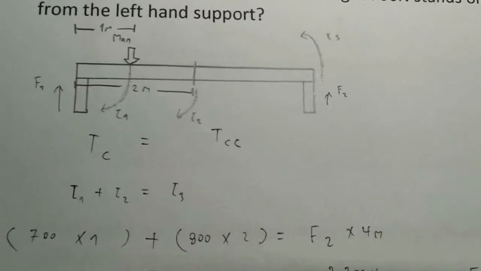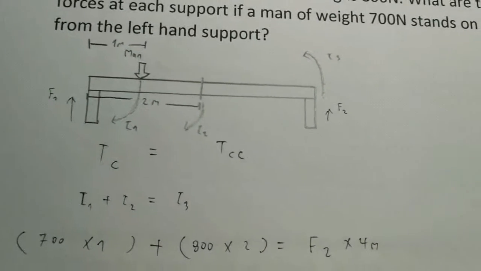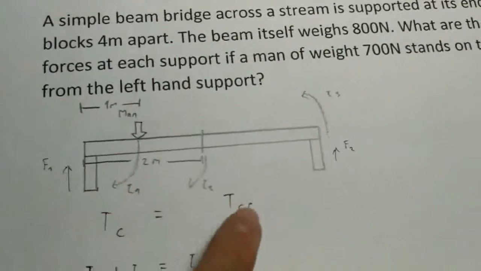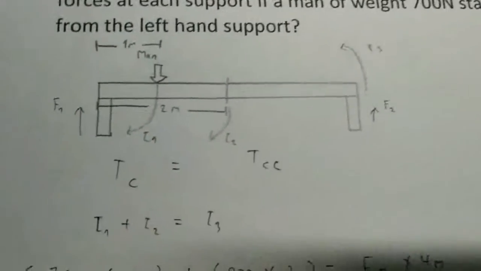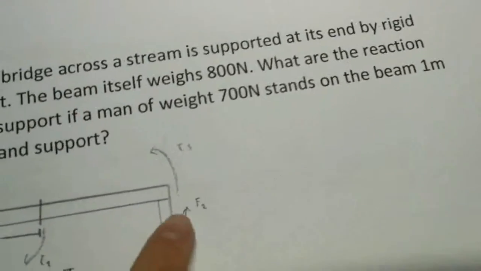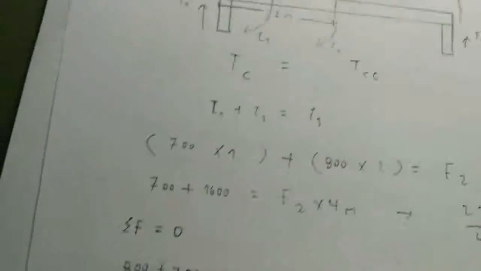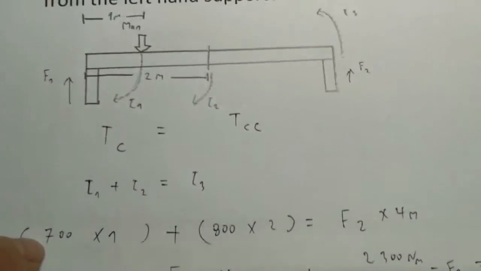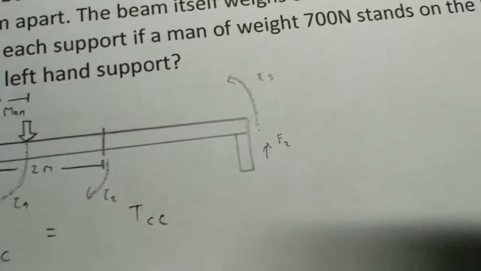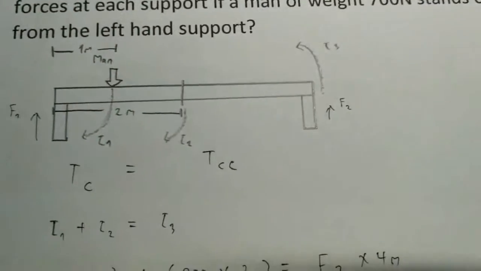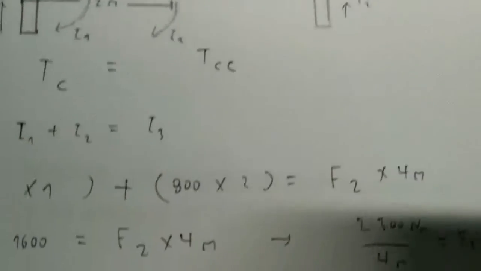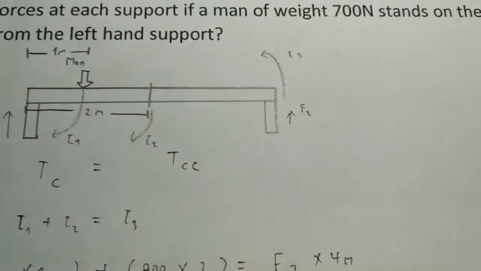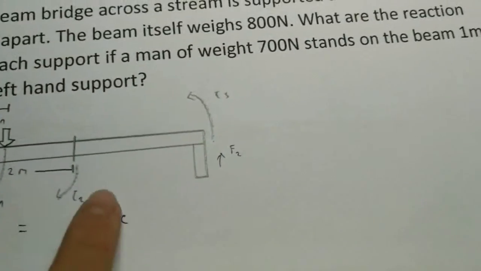So torque clockwise equal to torque counterclockwise. Torque 1 is here and torque 2 is here. Torque 1 is clockwise and torque 2 is counterclockwise. So 700 is the man's weight times 1 meter here, plus 800 is the weight of the beam and the distance is 2.